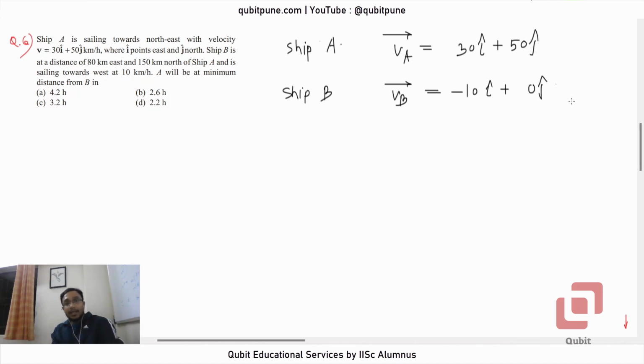Now, what we can do is, we can assume that position of ship A at the given instant is origin. Suppose A is at origin at given instant.